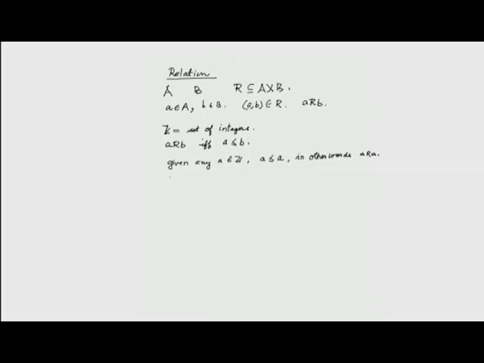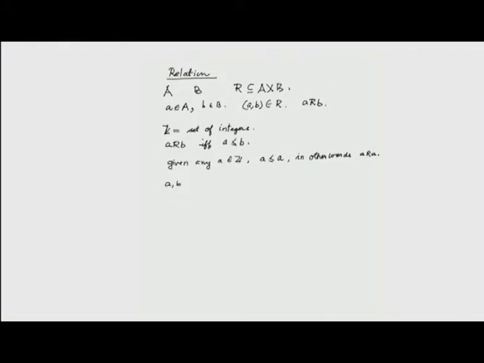Now, let us try to think about a relation which is not reflexive. So, let us take the same set Z, and let us say that for a, b belonging to Z, a is related to b if and only if a times b is strictly greater than 0.